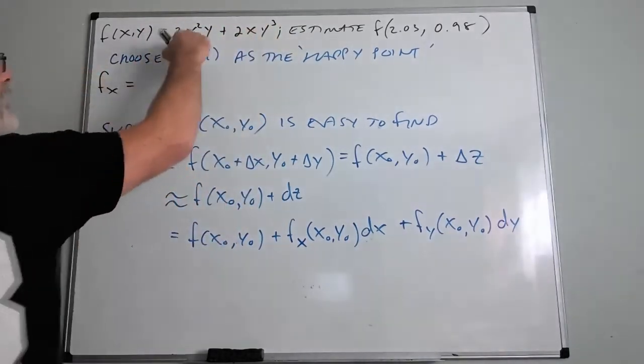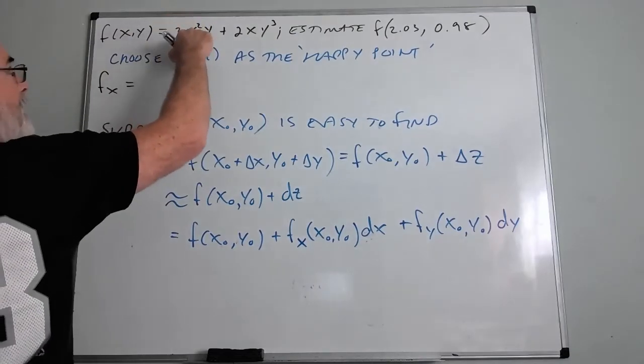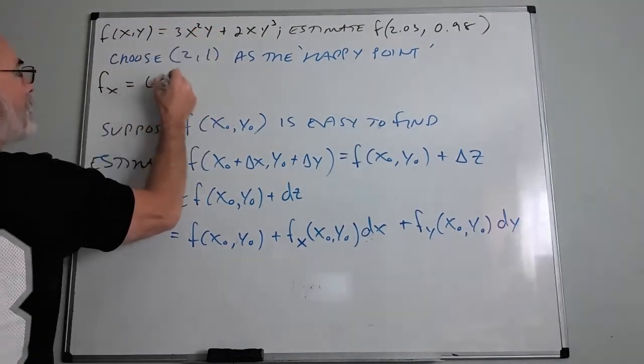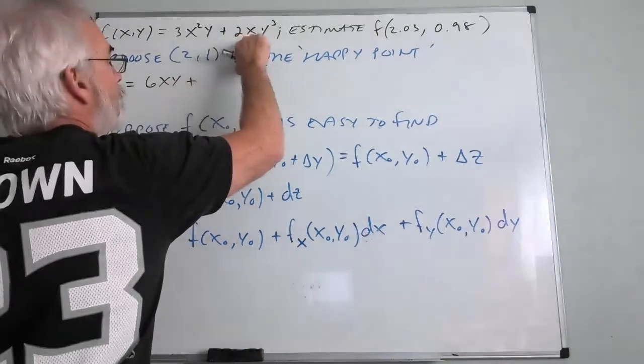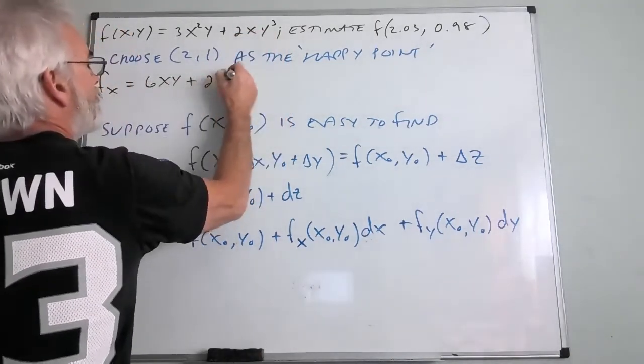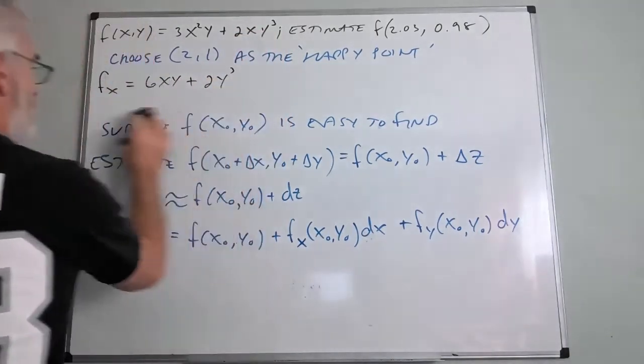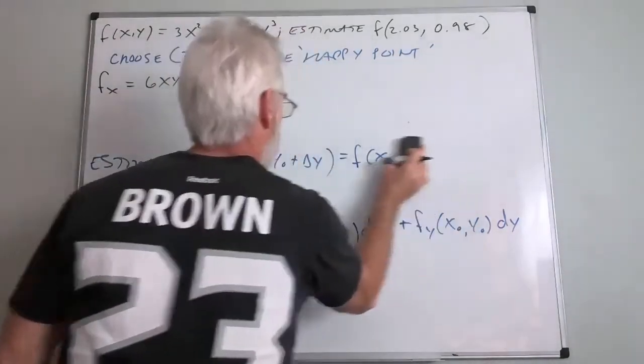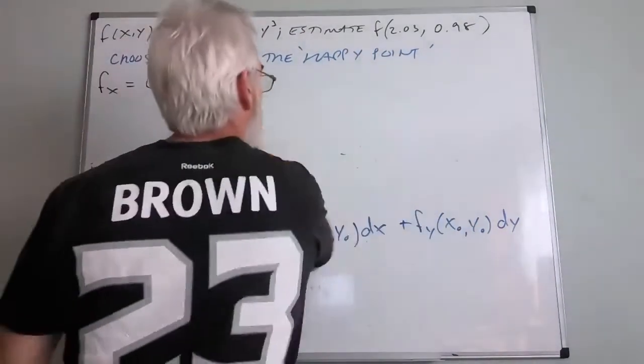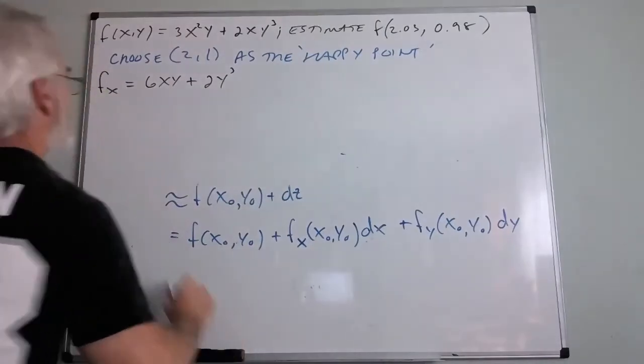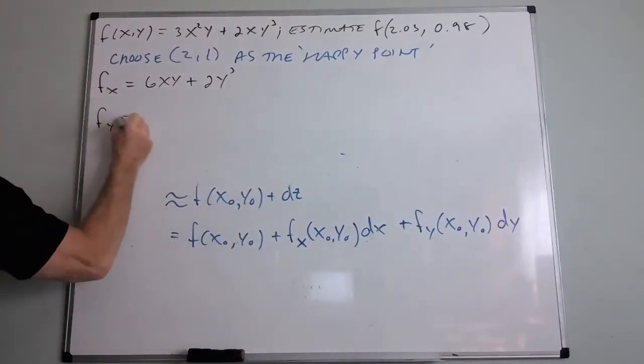Partial with respect to x, it's going to be 6xy plus 2y cubed. Okay, everybody got that? Now, what about the partial with respect to y?